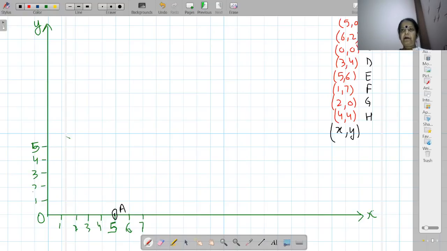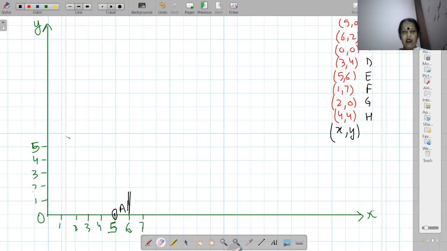Then B is 6 and 2. We will go to 6 over here. 6 is the X value, and the Y value is 2.